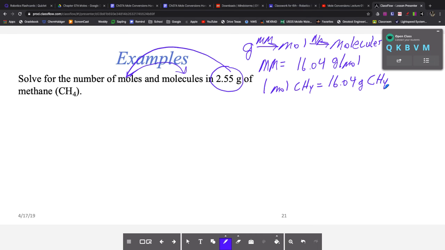That'll allow us to change from grams to moles. Now to get to molecules, we have to use Avogadro's number. So Avogadro's number is the number of particles in 1 mole. So 1 mole of methane is equal to 6.022 times 10 to the 23rd molecules of methane.